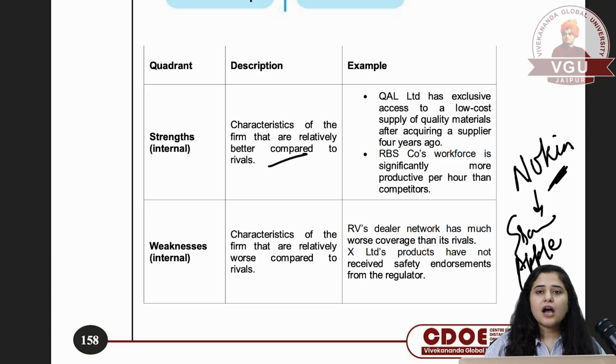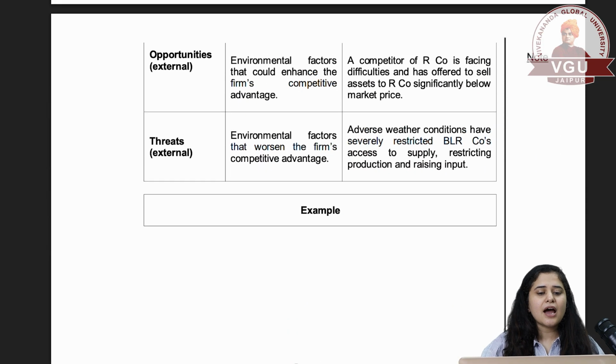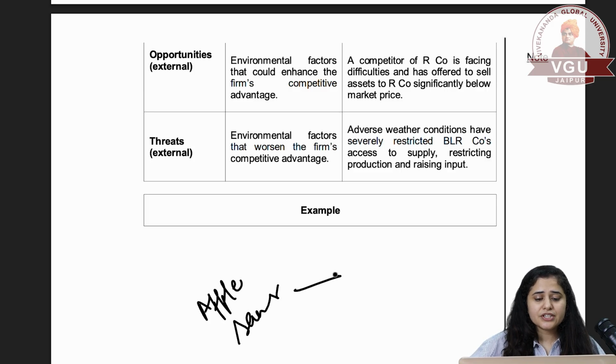Opportunities, again, how or what competitive advantage we have in the market. If I consider the same example, I would say Apple, Samsung, these had the competitive advantage as compared to Nokia. The technology was better, they were quite advanced as compared to the rival or the competitor in the market.